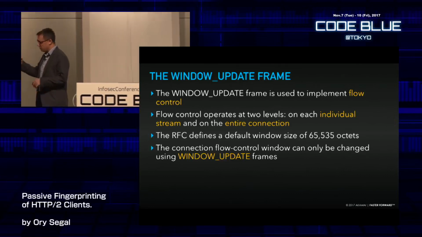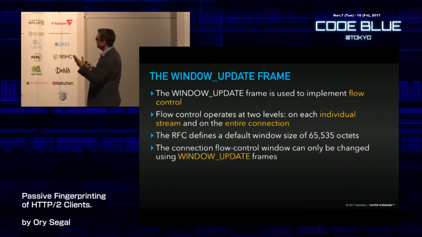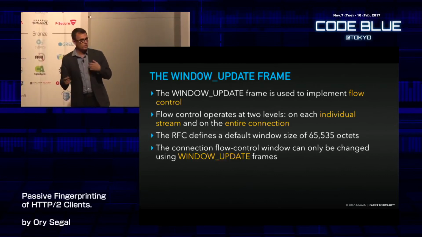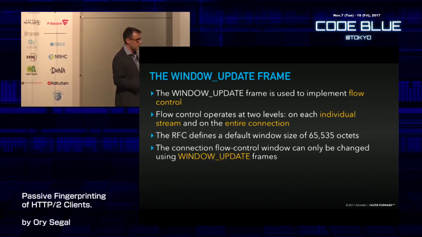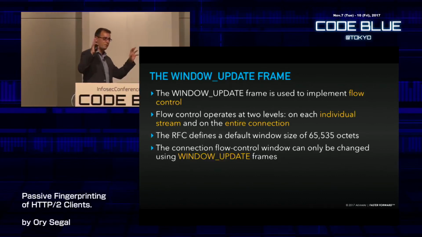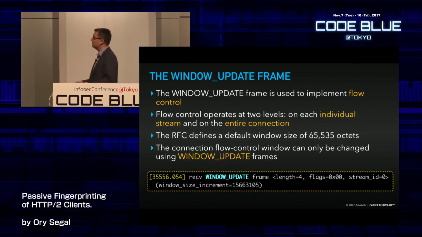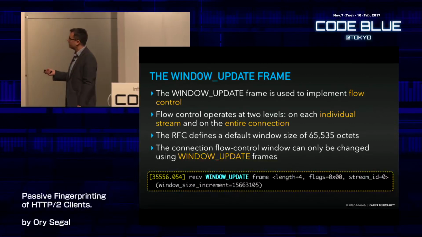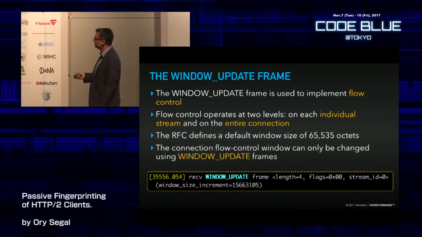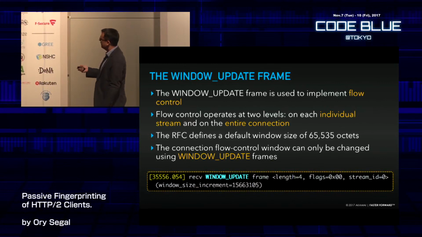Once the connection starts, the client can send or modify the initial window size using the window update frame. There's a dedicated frame that you can send. How does it look? Very simple. Again, I'm decrypting the binary. The window update frame has some stuff attached to it for stream ID 0.